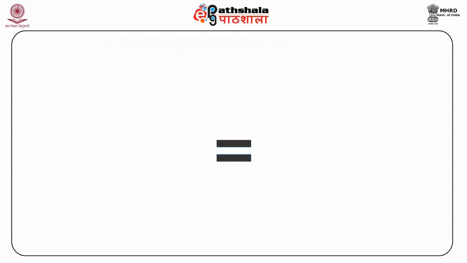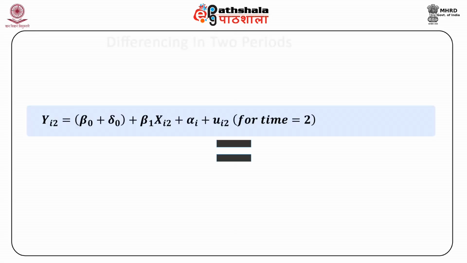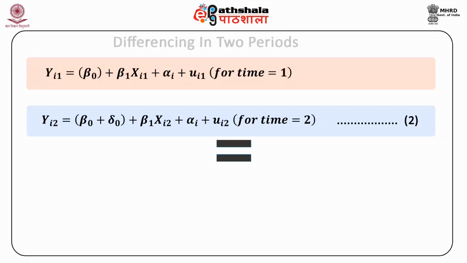Using model 1 for respective time periods, we can write y_i2 is equal to beta 0 plus delta 0 plus beta 1 x_i2 plus alpha_i plus u_i2 for t equal to 2 in this case, and this is our equation 2. Similarly, y_i1 is equal to beta 0 plus beta 1 x_i1 plus alpha_i plus u_i1 for t equal to 1.